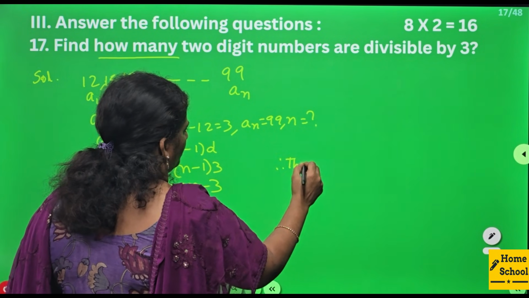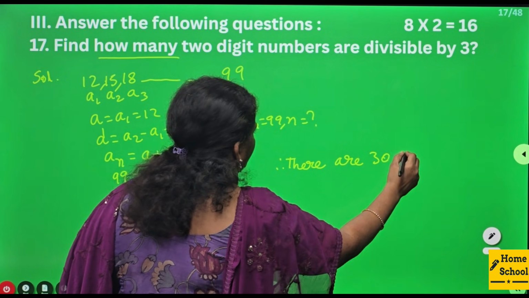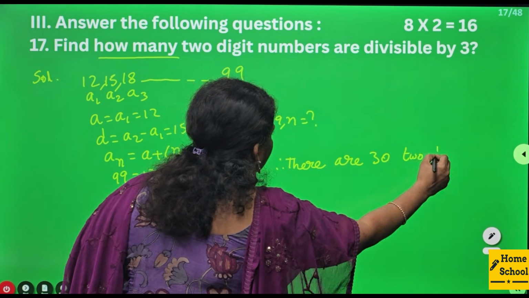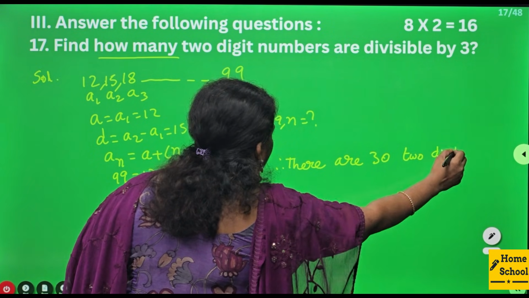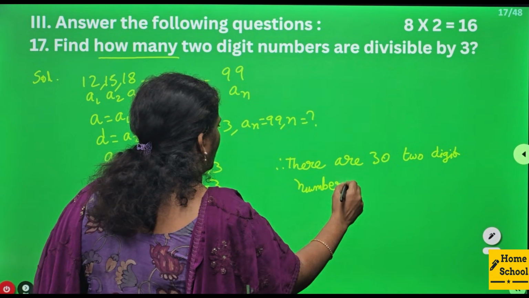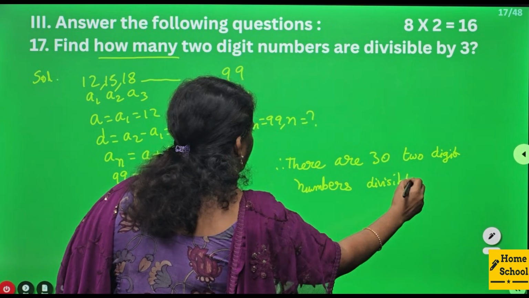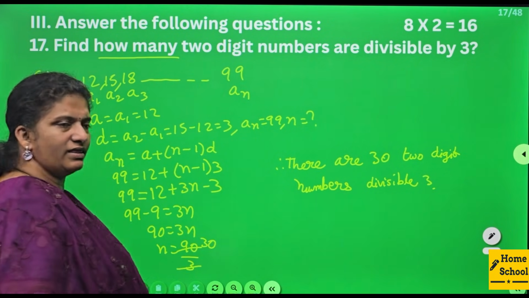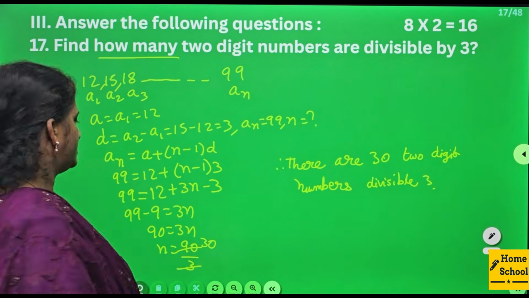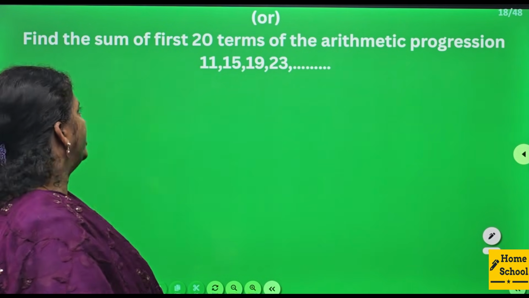Therefore, there are 30 two-digit numbers which are divisible by 3. How many 2-digit numbers are there? 30 2-digit numbers. In this we have one more OR question.